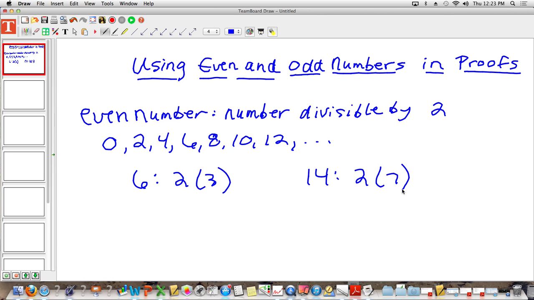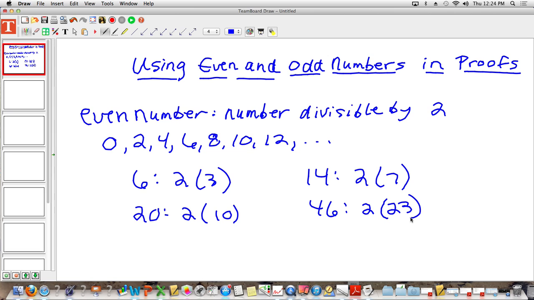What about 20? 2 times 10. What about 46? 2 times 23. So every one of these even numbers I was able to write as 2 times something.